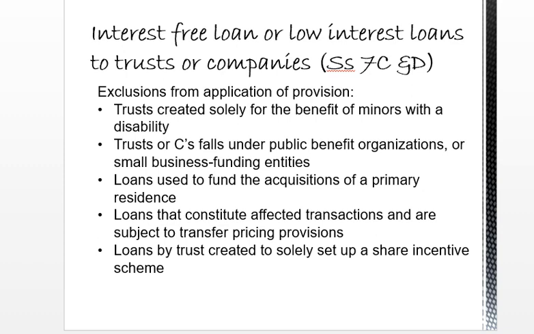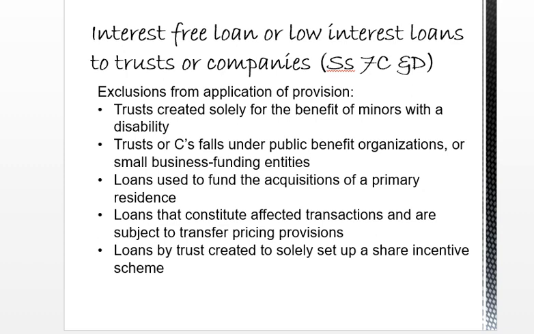So this is basically for trusts created solely for the benefit of minors with a disability, or when trusts or companies fall under a public benefit organization or small business funding entities, loans used to fund the acquisition of a primary residence, and loans that constitute affected transactions and are subject to transfer pricing provisions.